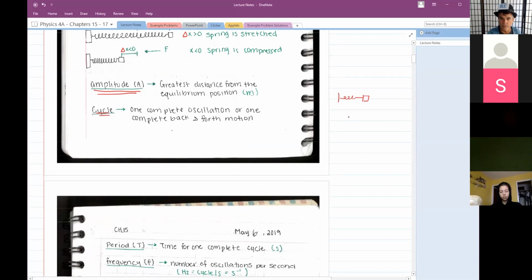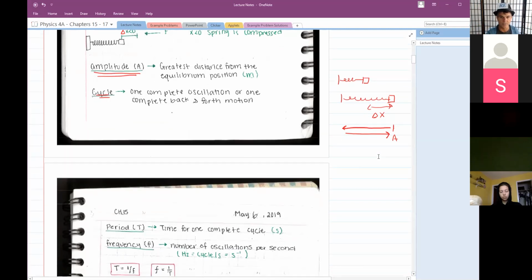If I pull a mass some distance and release it from rest, one complete cycle is this mass moving from x equals A to x equals negative A, and then back to x equals A. So I pull something distance A, one cycle would be for it to go from one extreme to the other, and then back to its original starting point.